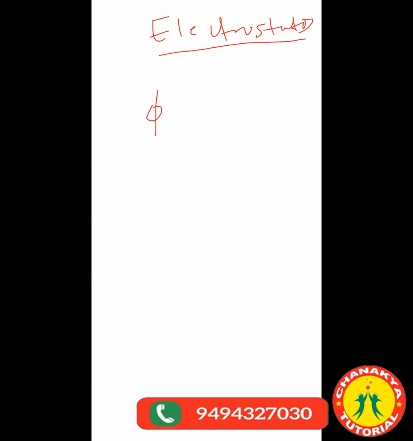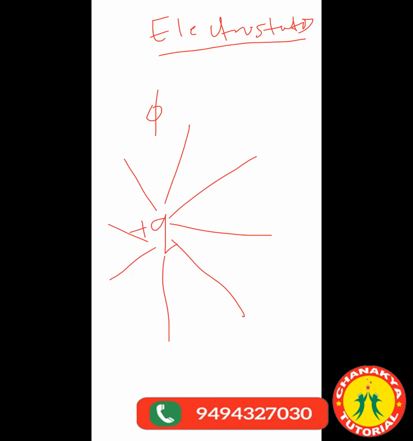For example, let us say I have a charge Q. Everyone knows that from a positive charge, the electric field comes out and spreads like this. If I keep a small area here and a larger area like this, in which case are the field lines more, in area 1 or area 2?